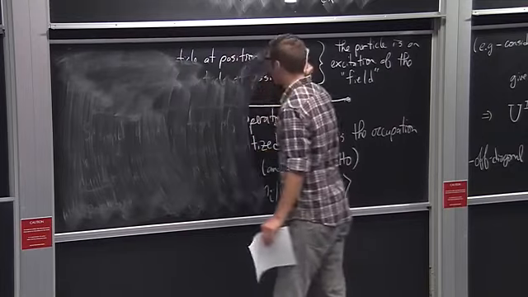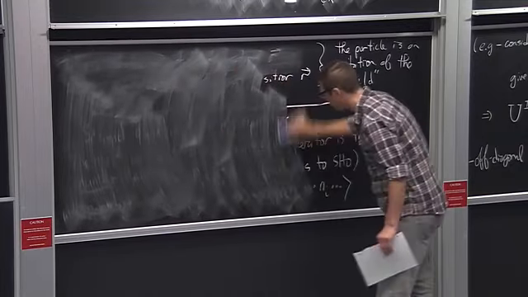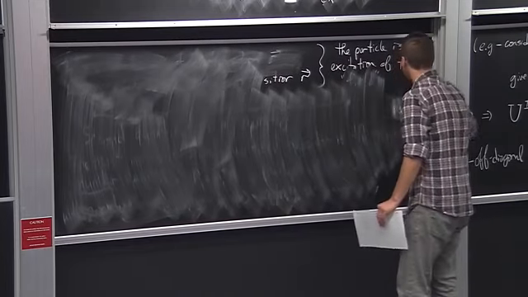So we're going to use that time evolution operator that comes from that assumption that V of x doesn't depend on time.